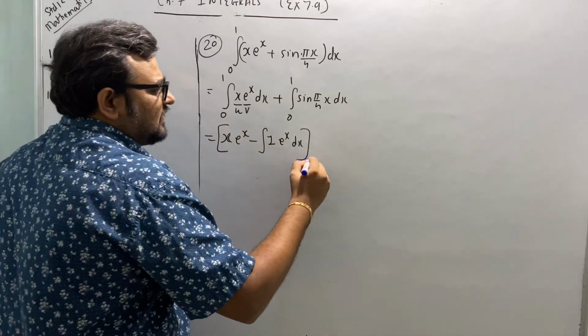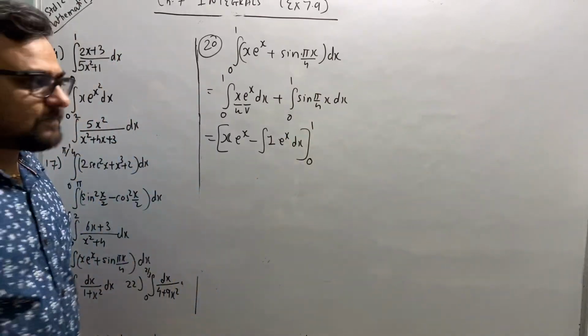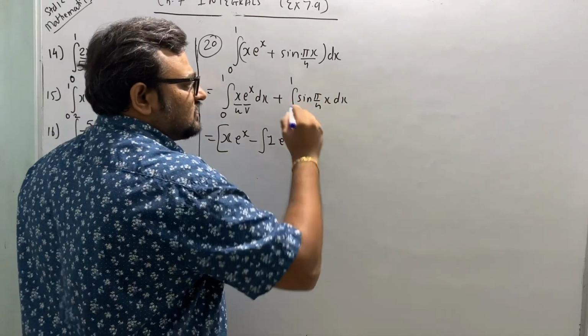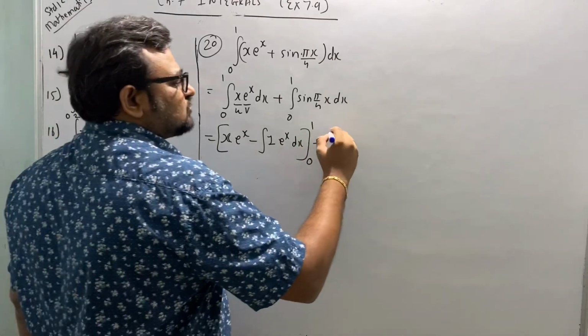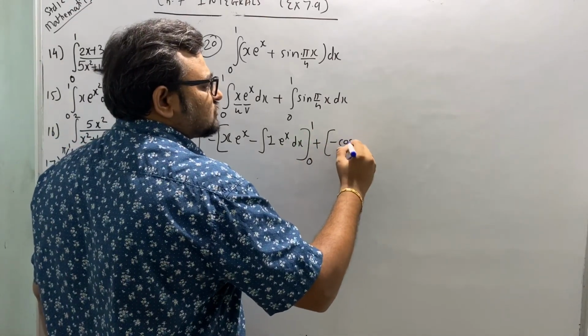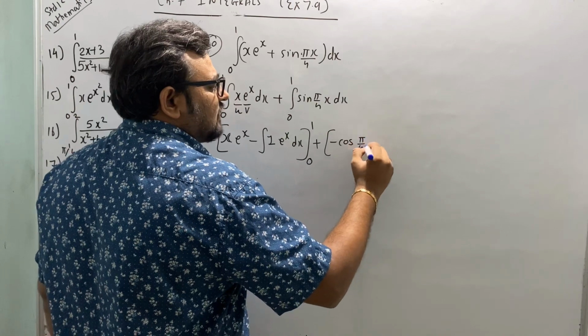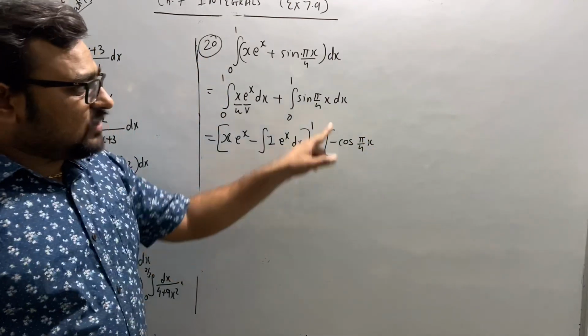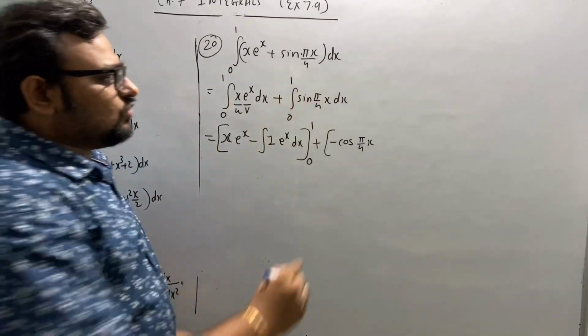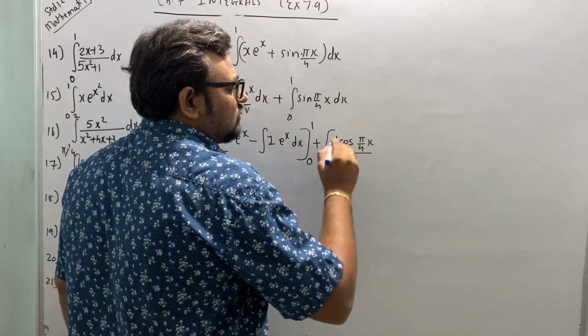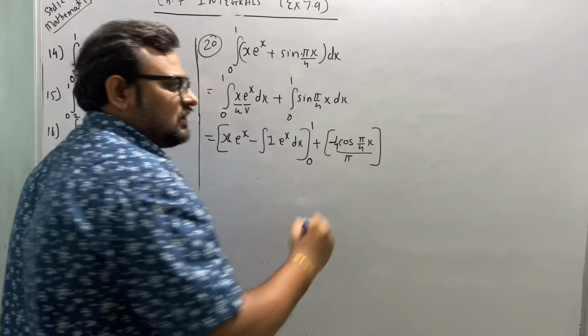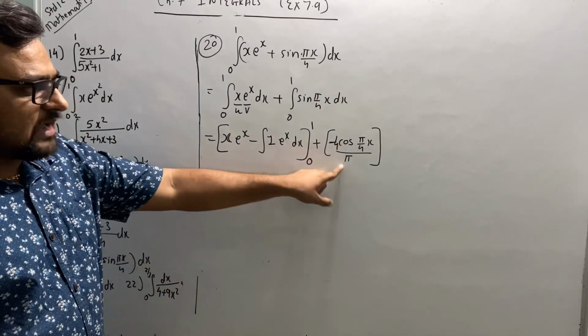I am putting the limit here, 0 to 1, plus integration of sine is minus cos, so I will take minus cos pi by 4x. Now x is multiplied by pi by 4, so I will take 4 by pi. Clear?